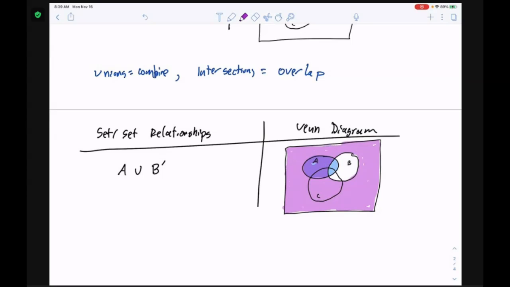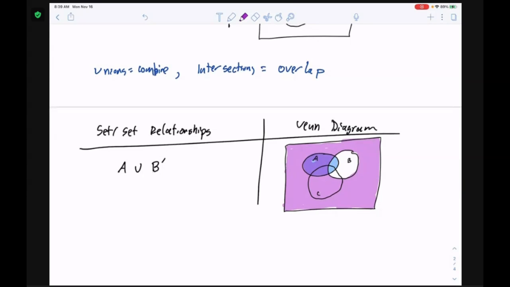Get that nice and colored in, all the little empty spots here. And so it's this combined. So my answer includes all of this right here. Everything that is not in white is my answer. So the whole thing is my answer right there.